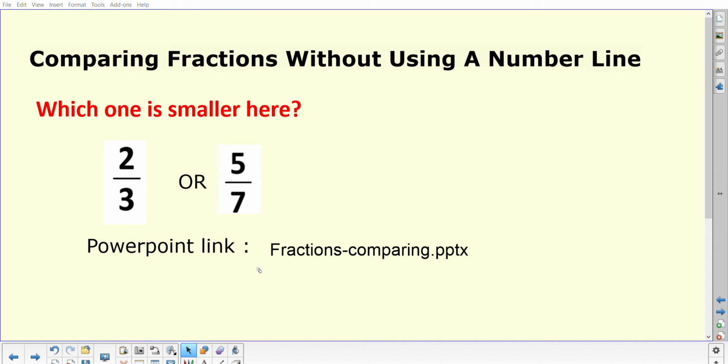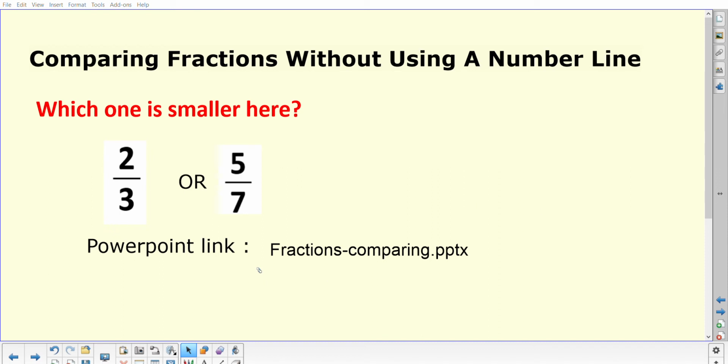This is us using our equivalent fractions, and something we need to remember is common multiples. Common multiples are found by going through your times tables. All you need to do is look at the two bottom numbers. In this case, the multiples of 3 are 3, 6, 9, 12, and so on.